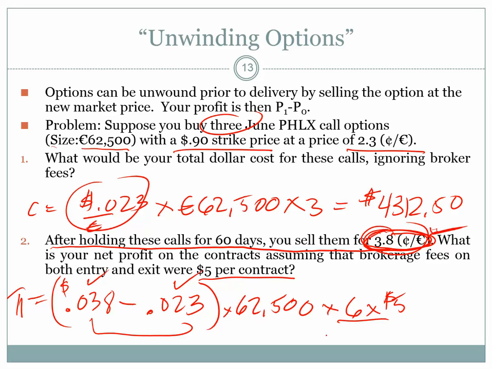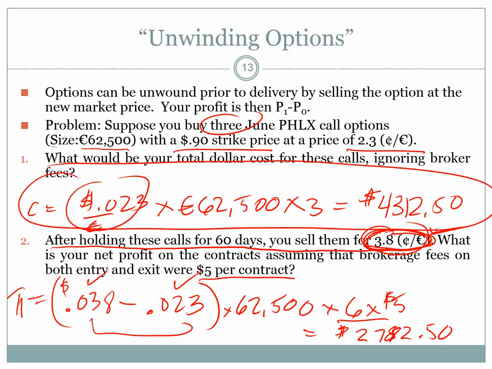So in this case, your profit turns out to be $2,782.50. So this is a case where you bought a call for 2.3 cents, and before it ever exercises, you just saw a higher price, you just sell the call for 3.8 cents, and you make some money.